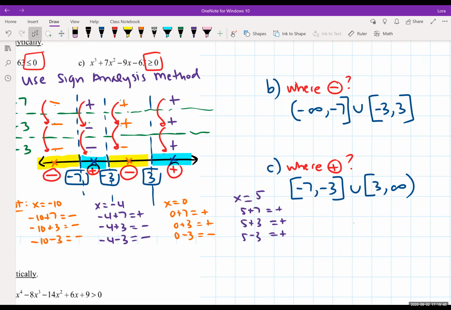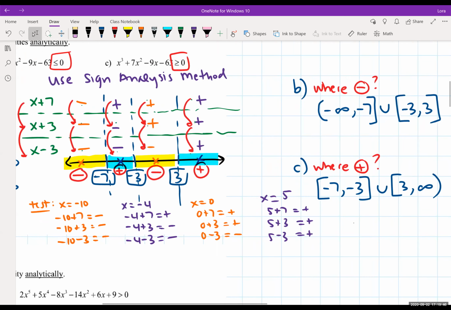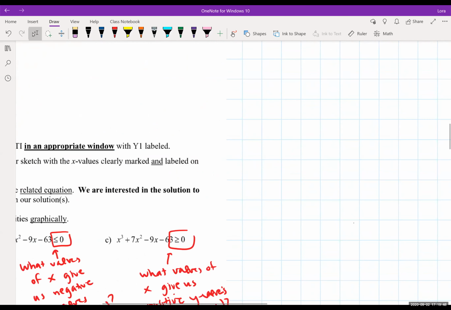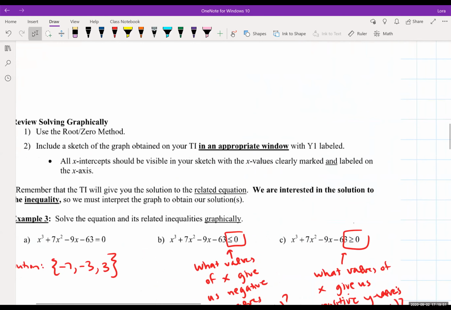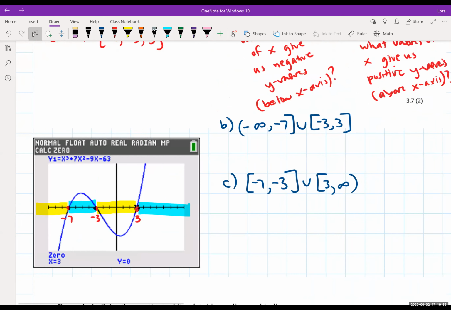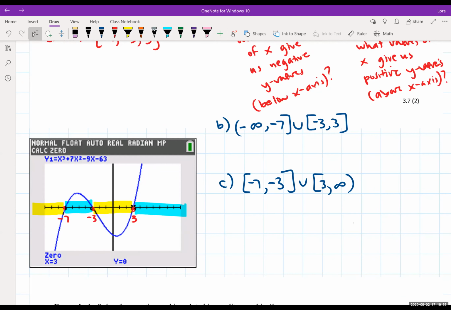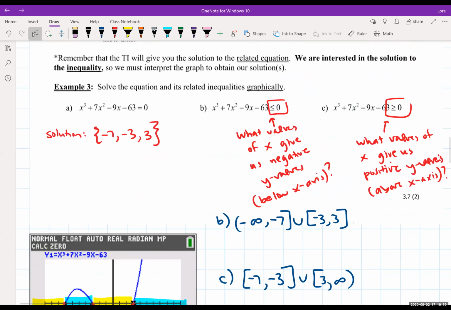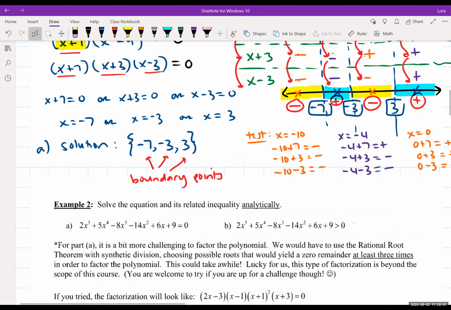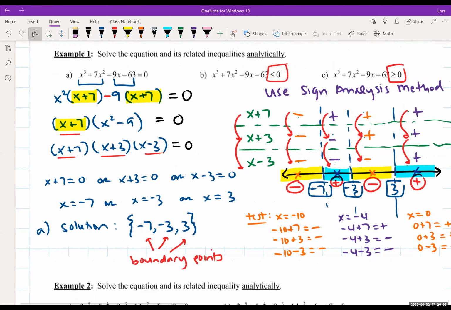Pretty nice, huh? The other cool thing about the sign analysis method, if you want to look one more time, humor me: see how the direction of our graph is heading, where end behavior is down then up, and we see above and below the x-axis. This is what's happening in your sign analysis method. So just a quick sketch of the graph.